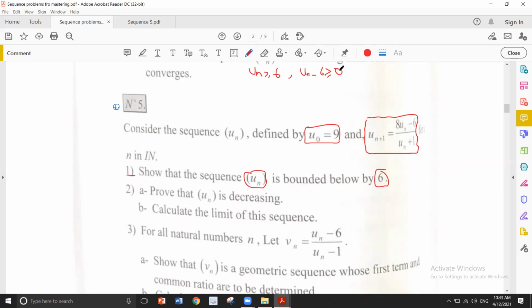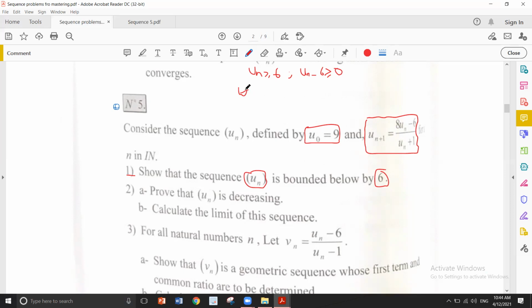I take the difference un minus 6. But I don't have un. What do we have to use to prove un greater than 6? We have to use mathematical induction first. How many steps?